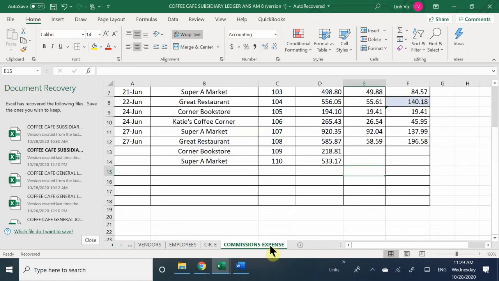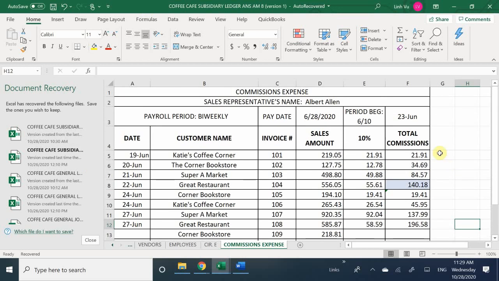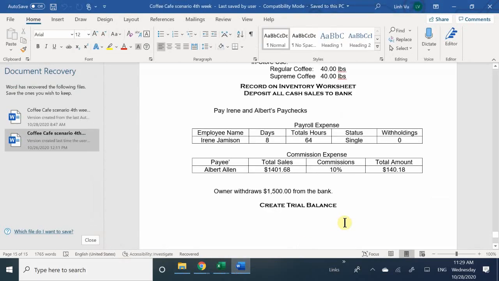All right, good. So here I highlighted in blue because that was the day that he submitted his commissions. So we have a total of 140.18. And here you go, 140.18.